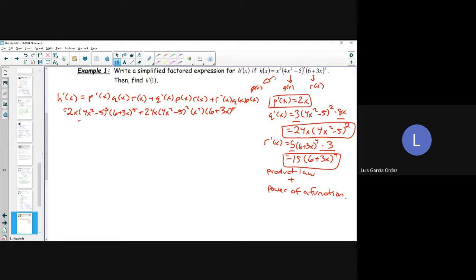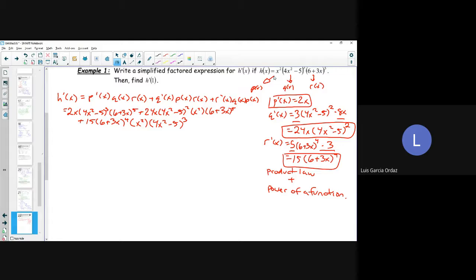So I get plus, and then my derivative of r of x, which is 15 times (6 plus 3x) all to the power of 4, multiplied by x squared, multiplied by (4x squared minus 5) all to the power of 3.